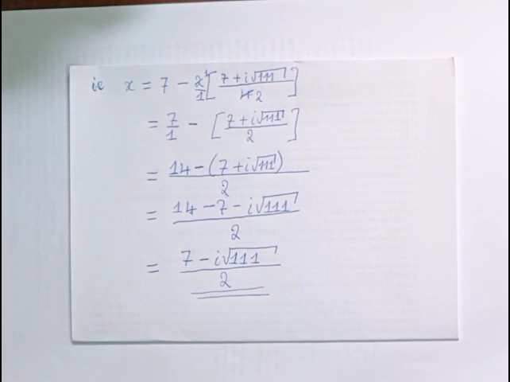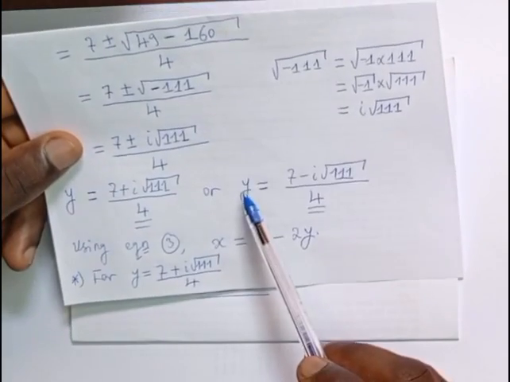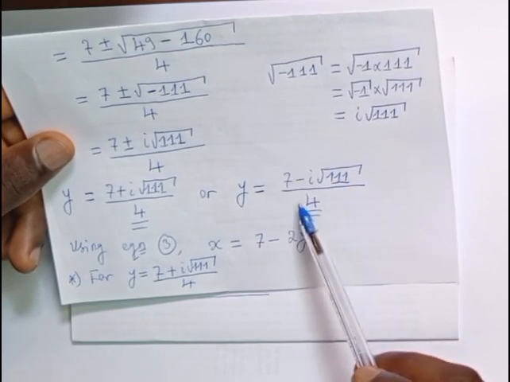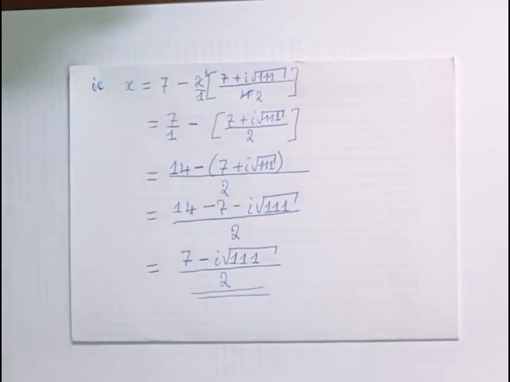Now let's proceed to find the second value for x. For us to find the second value of x, we are going to replace the value of y in equation 3 with 7 minus i root 111 all over 4.